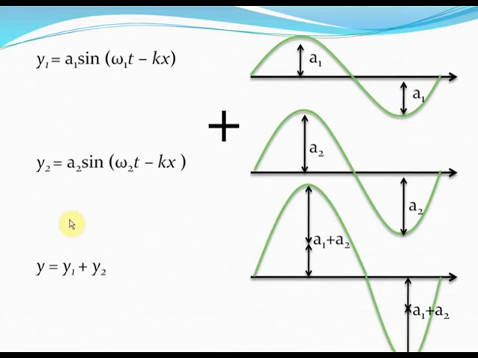In this case, we are adding the displacement straight away because they are all in the same direction. After all, if our wave is traveling along the x-axis, in the case of a transverse wave, the displacements will always be along the y-axis. Got it? So fine. We've understood that if two waves are traveling in a medium, we can simply add their displacements to get the displacement of the resultant wave.